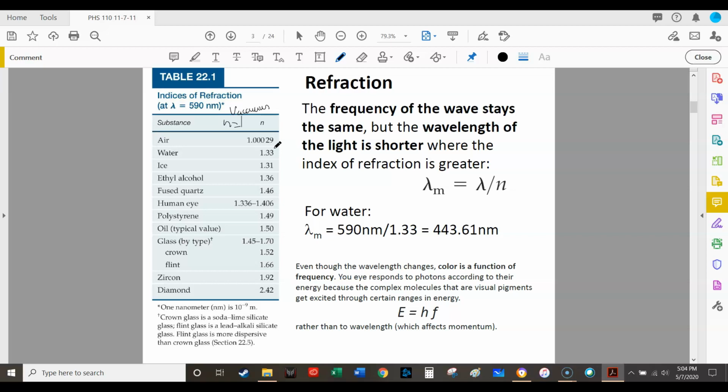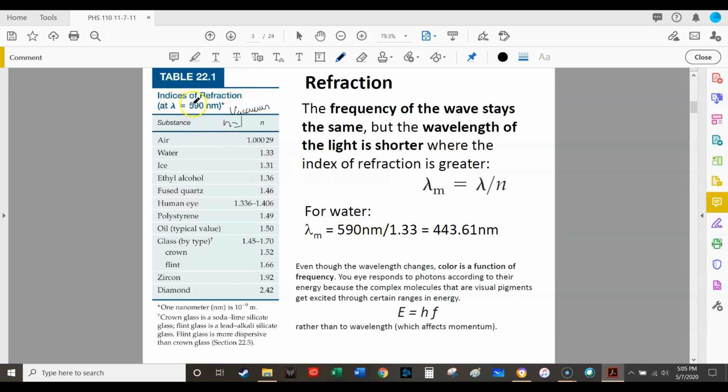And so a couple cool things happen when a light ray goes from one medium to another, and let's say this light ray is 590 nanometers, okay, and it goes from a vacuum, right?